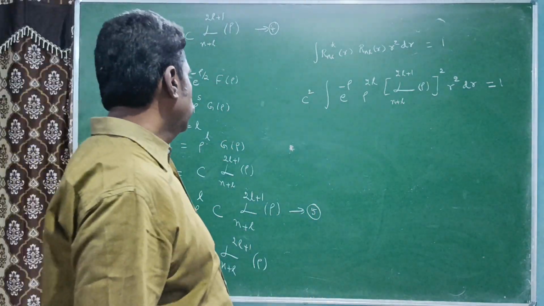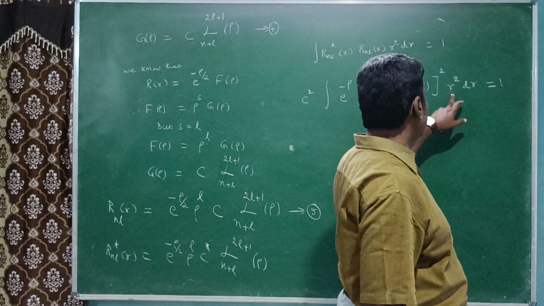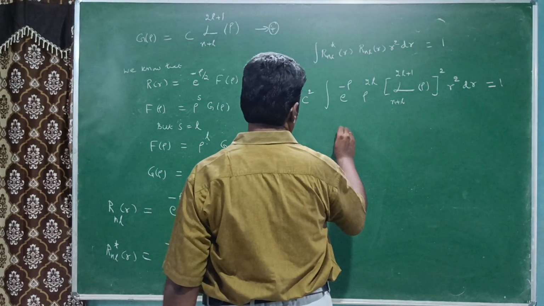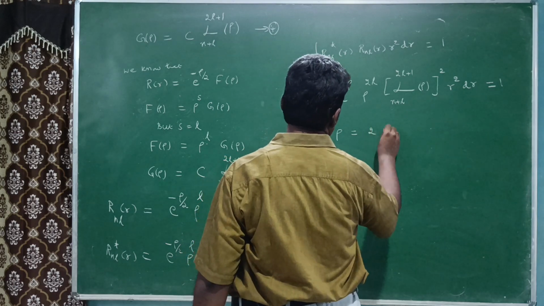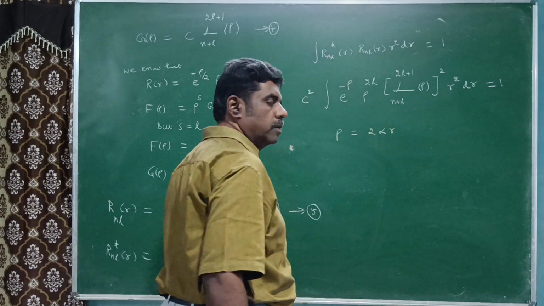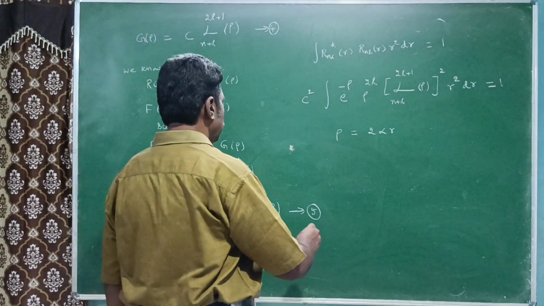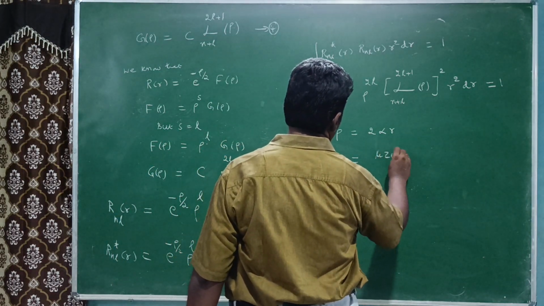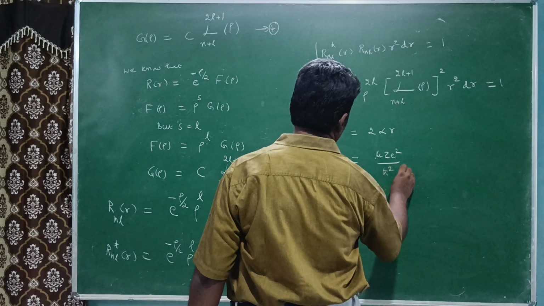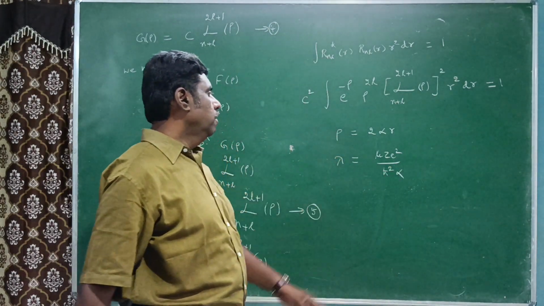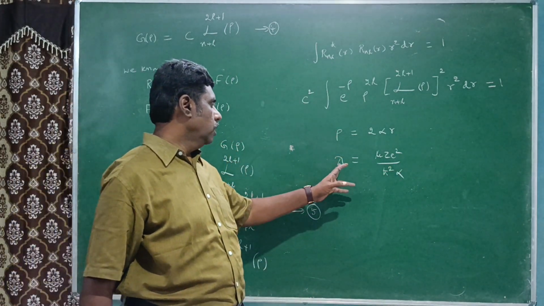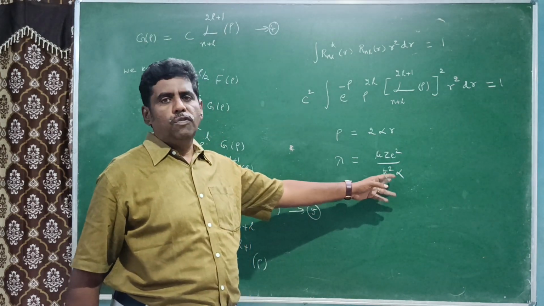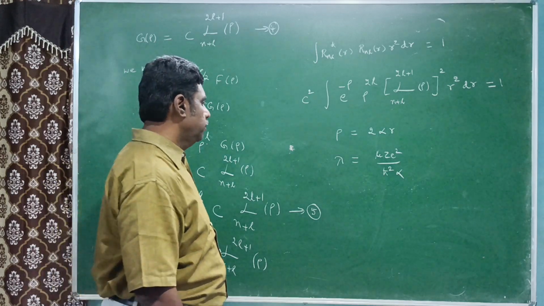Now we have to replace this r square and dr. You know that rho equal to 2 alpha r. Then lambda equal to mu z square divided by h cross square alpha. We have substituted lambda equal to mu z square divided by h cross square alpha while deriving the energy eigenvalue.